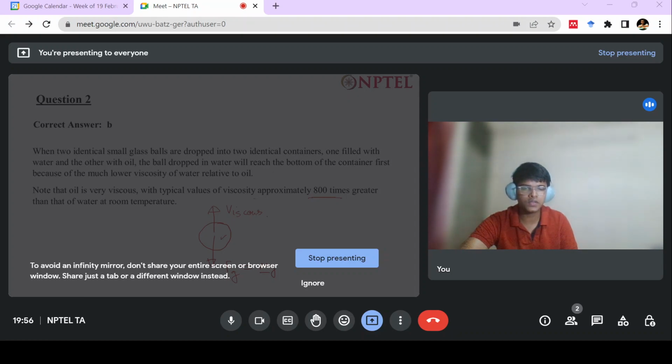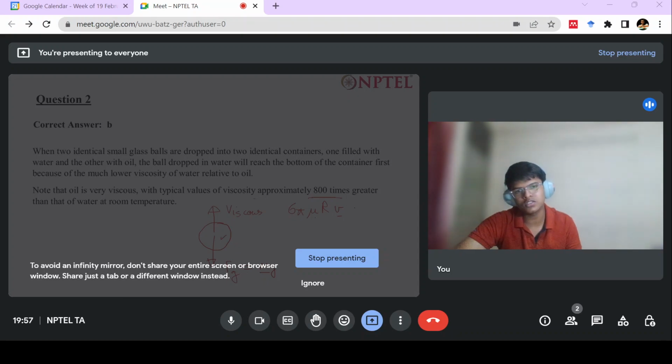The viscous force is given by Stokes law: 6 pi mu r v, where v is the velocity, mu is the dynamic viscosity, and r is the radius of this ball. When the ball gains a steady velocity, this equation will be followed.